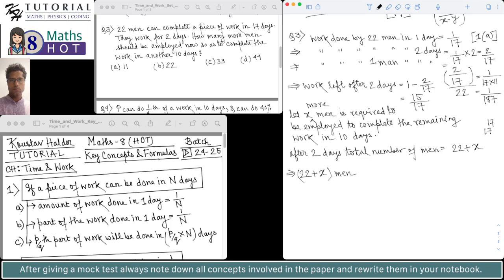Now my concept is that I will find out the work done by 22 plus X men in 10 days, and then I will equate that amount to 15 by 17, because after 2 days the work left was 15 by 17, and this amount of work has to be done by 22 plus X men in 10 days.